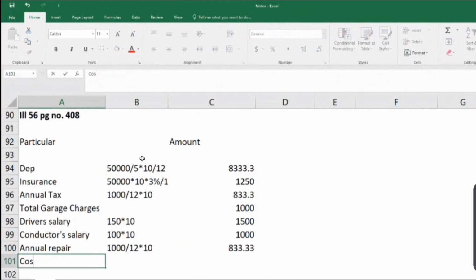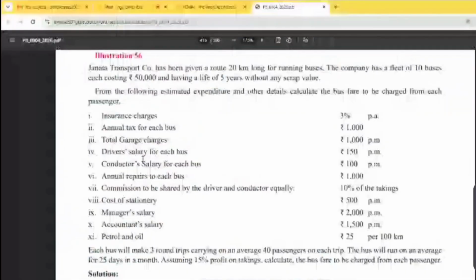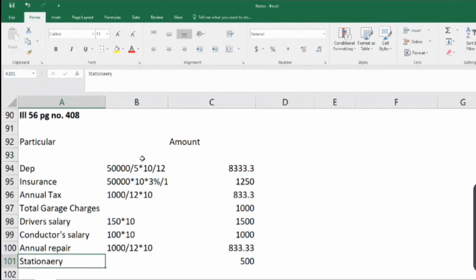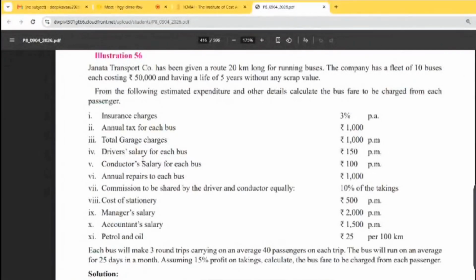Then cost of stationery. How much? Cost of stationery is 500 per month. So 500 for stationery. Okay.